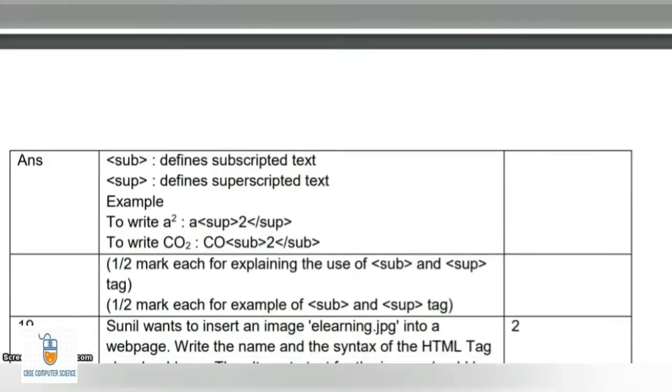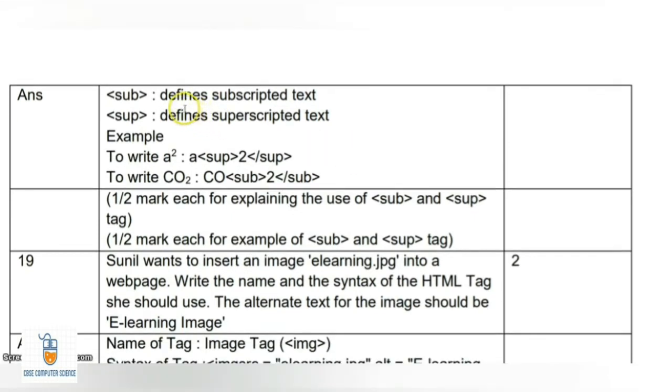So the text which we want to appear in a smaller font as a base would be enclosed within the sub tag. Same way, superscript is used for showing exponents or powers when we use any mathematical equation, or we want to represent any power like square, cube, etc. In that case, we use the sup tag.